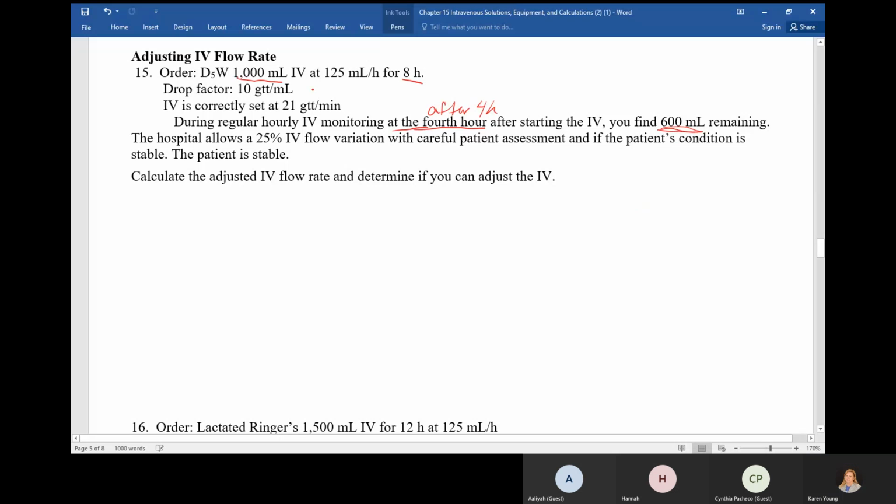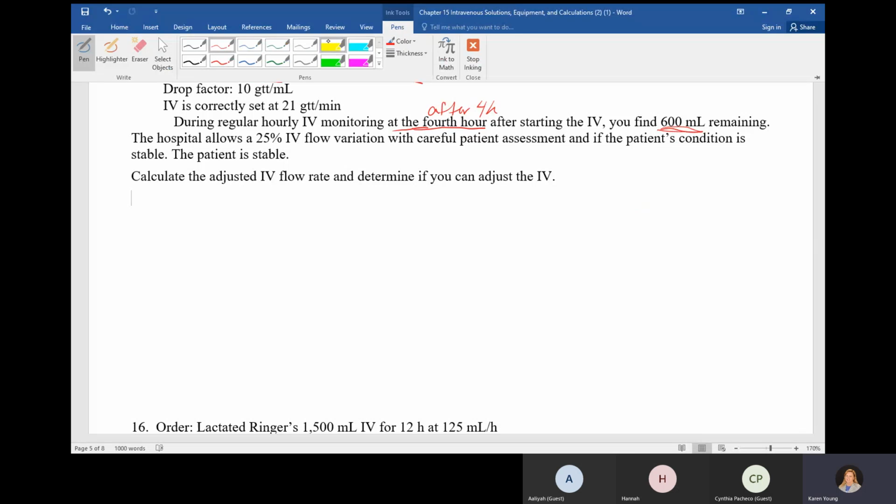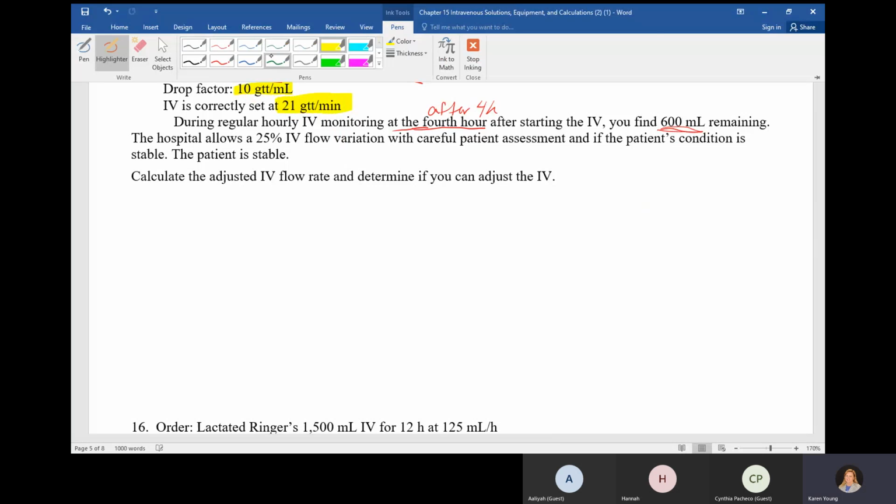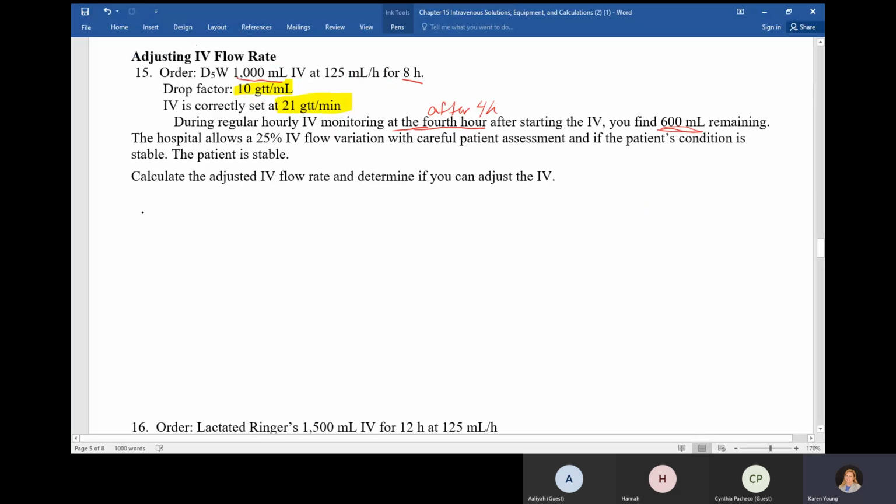It's given us our drop factor, and what the current IV is set at. I call this our original rate. So our original rate is 21 drops per minute.